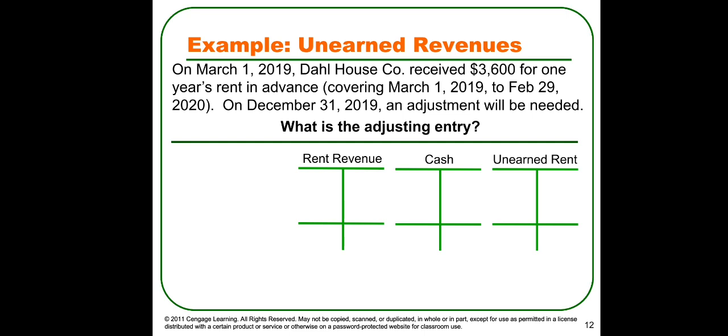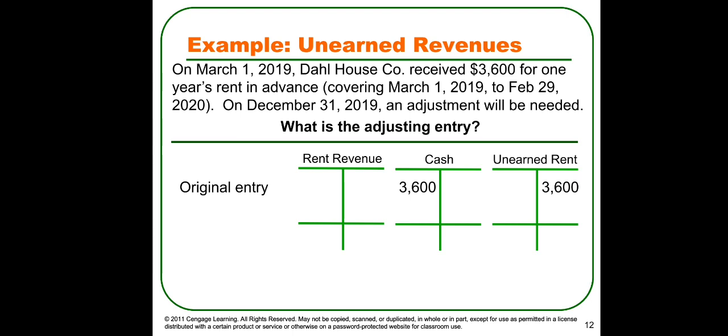Remember, for unearned revenue, the first thing you have to do when you want to do the adjusting entry is know what the journal entry was on 1st of March. On 1st of March, when the business received the cash from the customer, the journal entry is like this. Debit account cash. It shows that there is a cash in.